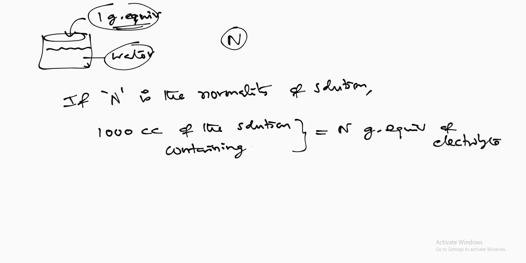Students, keep this in mind. If the normality of the solution is N, it means 1000 cc of the solution contains N gram equivalents of the electrolyte.